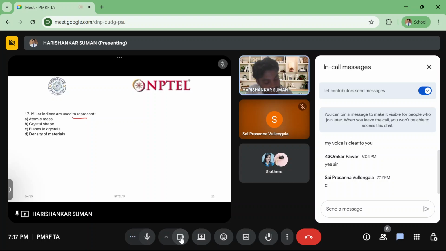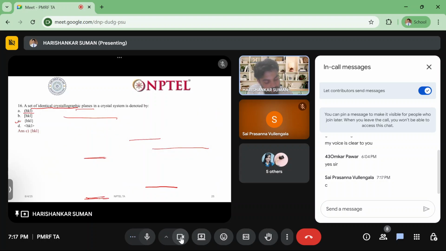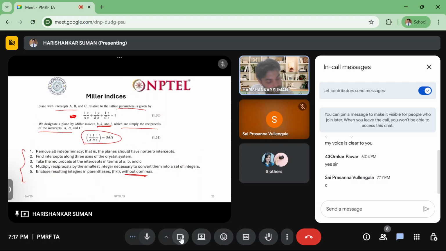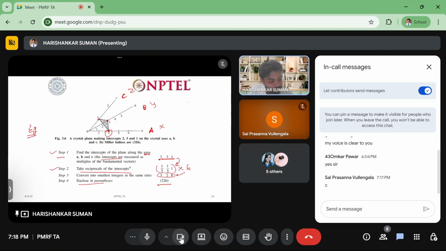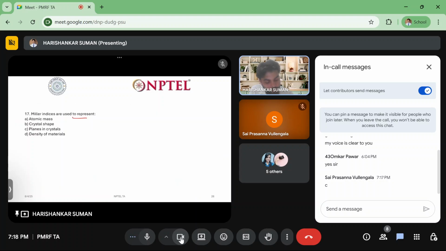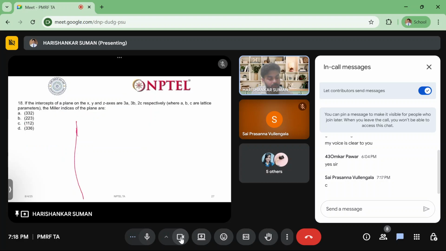As we discussed, your answer is correct, C. So this is used for the planes in the crystals. HKL represent the planes in the crystals.